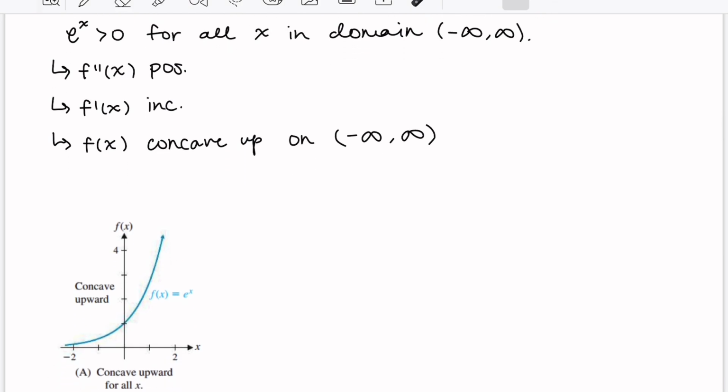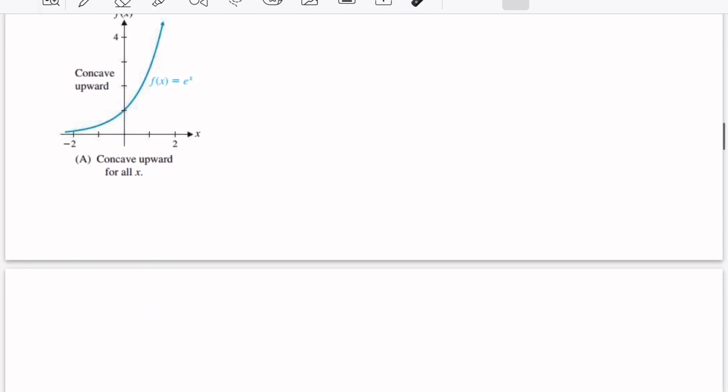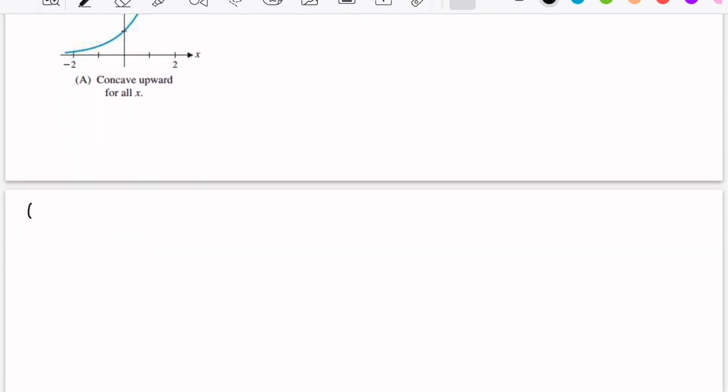All right, now we're going to look at b here. So g of x is equal to ln x. We know that the derivative of ln x is 1 over x. And so the second derivative of this guy is going to be the derivative of that.